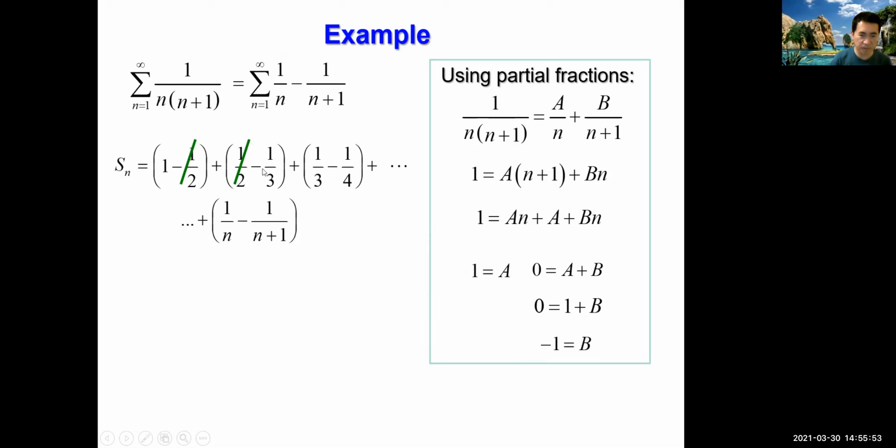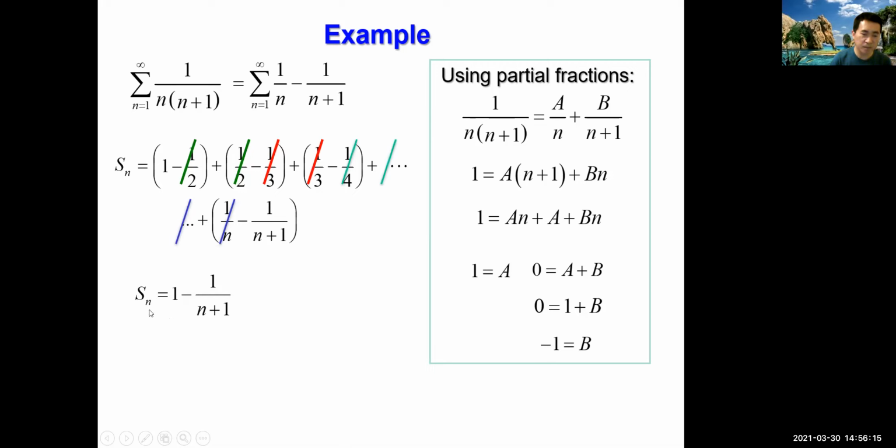Negative half plus half cancels, negative third plus a third cancels, and so on. The first term's 1 is left, and you're left with negative 1 over n plus 1. So the partial sum is really 1 minus 1 over n plus 1.